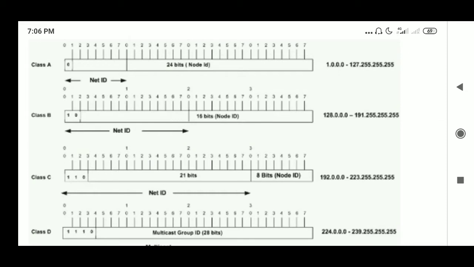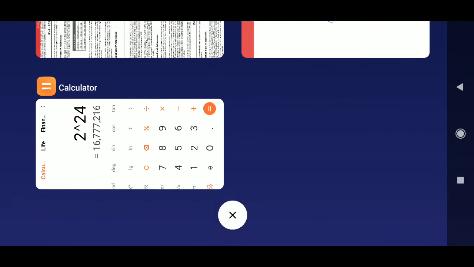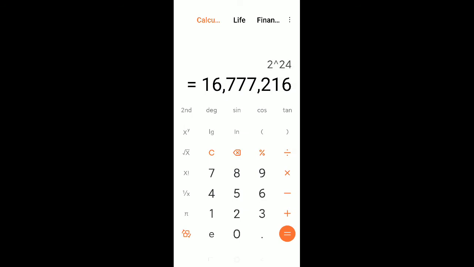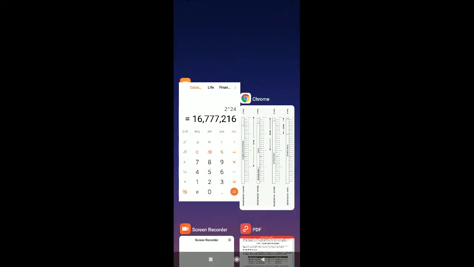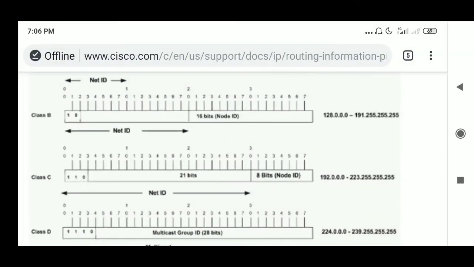So the class A host IP addresses can be 2 raised to power 24 minus 2. When you calculate, 2 raised to 24 means 16777216 minus 2, it is 16777214. So this is about class A IP addresses.